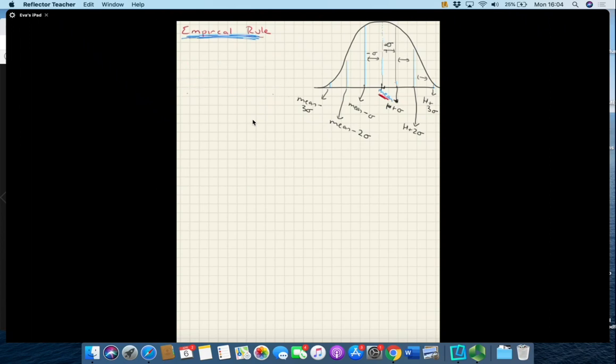So again, if we take shoe sizes, what you'll find is that the bulk of men's shoe sizes will be somewhere around size 9, and then we'll have more here, more here, more here.